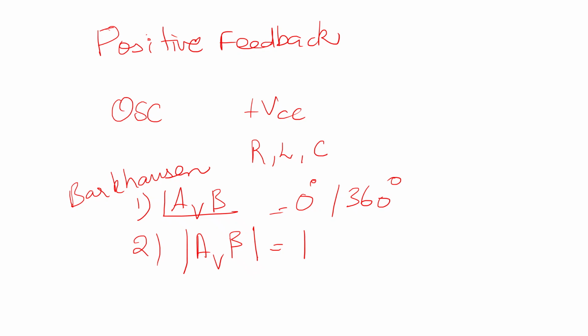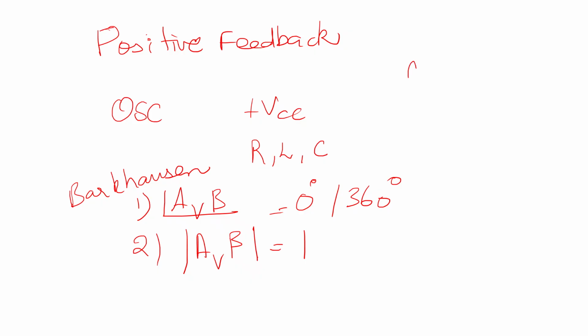Yes, so these are the two Barkhausen conditions for positive feedback, and these oscillators generate waveforms if the biasing is proper and the components connected in the feedback are suitable.